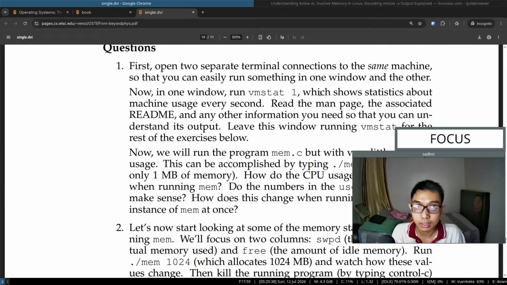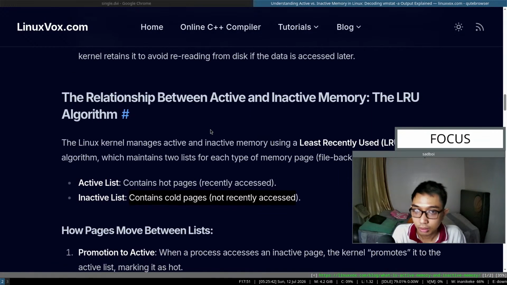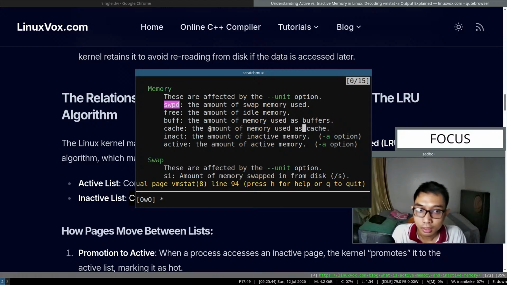So that's why I'm trying to understand the output of the vmstat program here.